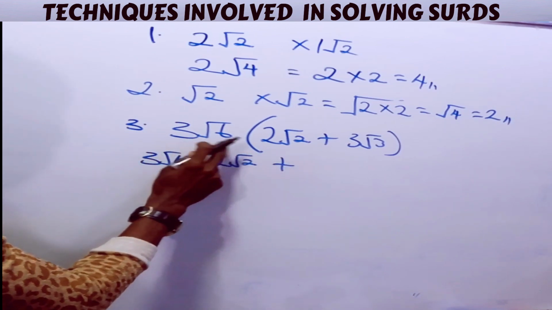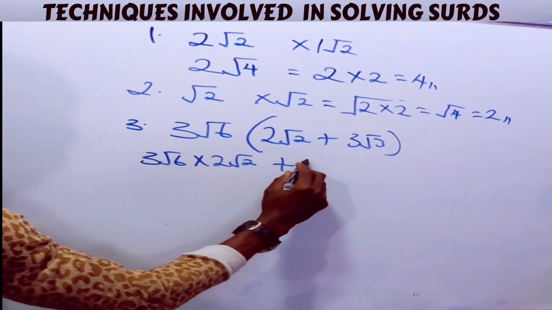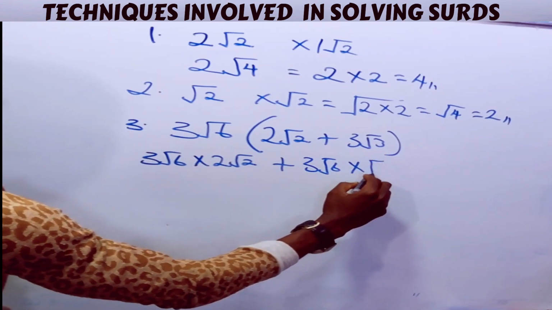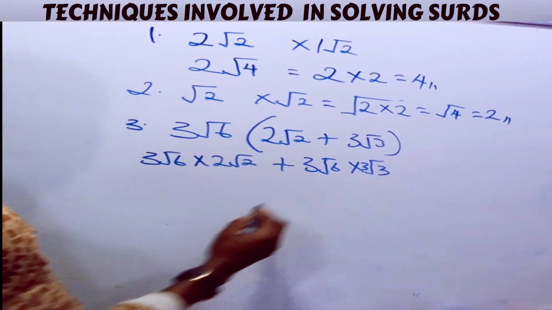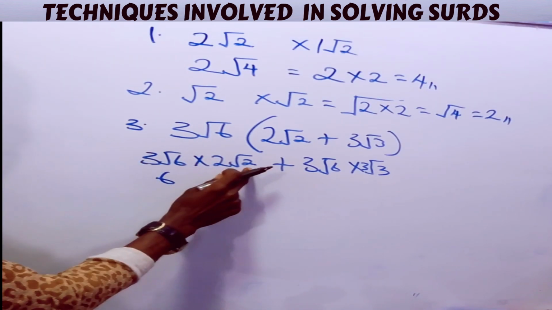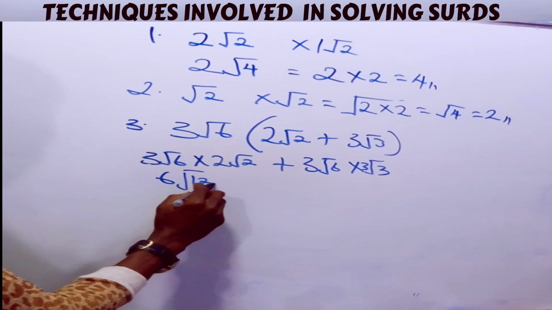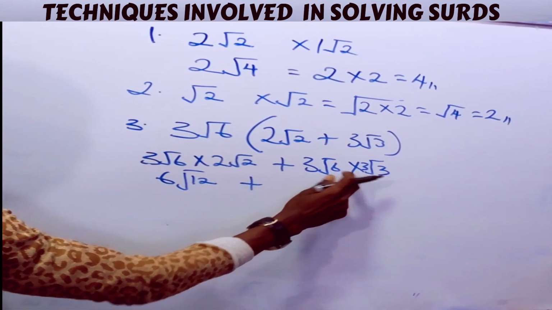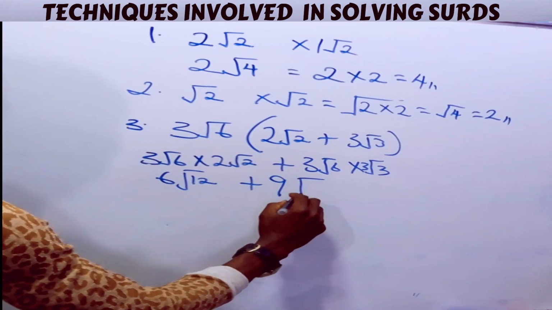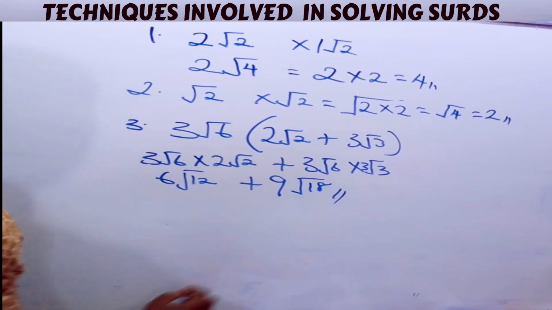Now plus this same 3 root 6 also multiply 3 root 3. Now 3 times 2 is 6. Root 6 times root 2 is root 12, plus 3 times 3 is 9. Root 6 times root 3 is root 18.